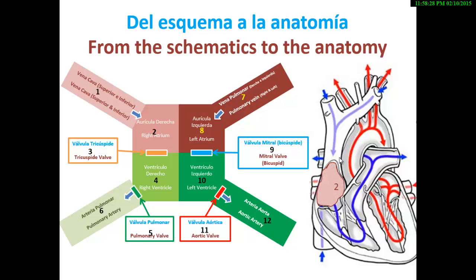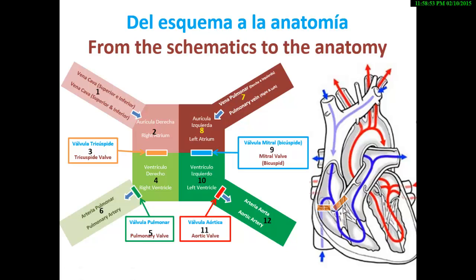The right atrium. Okay, so the right atrium is this one here. And the next step is when this atrium contracts, it squeezes the blood into the next chamber, which is the right ventricle. But before that happens, it passes through the tricuspid valve. Remember, this is a valve made up of three parts.